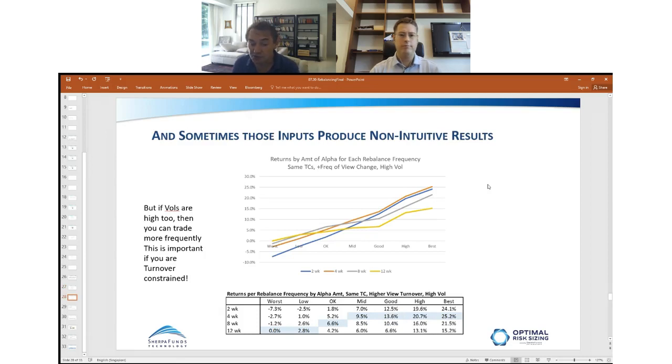If volatility goes much higher, again we see that the 4 week still remains the best option, but as volatility increases, the alpha you can catch by trading more starts overriding that higher transaction cost, and the 2 week line starts rising. You can see here in the high vol regime, as long as you've got mid to good alpha generation, your hit rate is 53 to 55+%, then the 2 or 4 week are better than the 8 or 12 week rebalances.